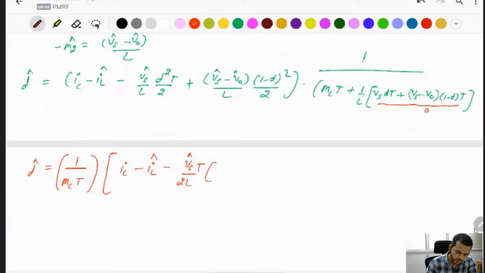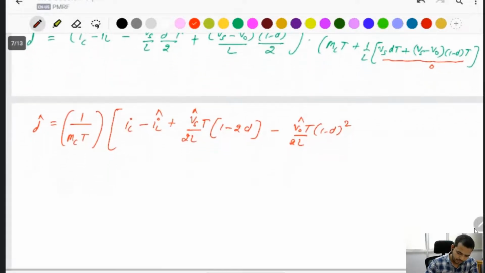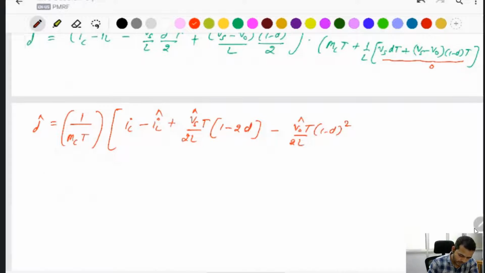D square cancels out, only this term 1 minus 2D is present, plus V naught. V naught is minus: V naught cap divided by 2L into (1 minus D) whole square T. Take a negative common here.